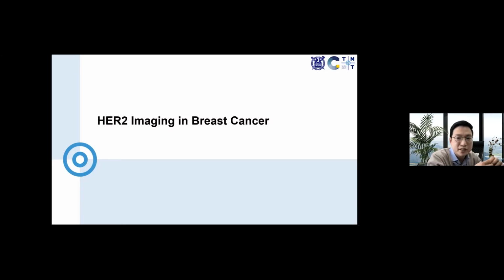As in the previous case as well, the primary lesion is not quite big or intense. The FDG uptake is not intense, but the metastatic lesions have pretty high FDG uptake. So I don't have any clear answer for that.